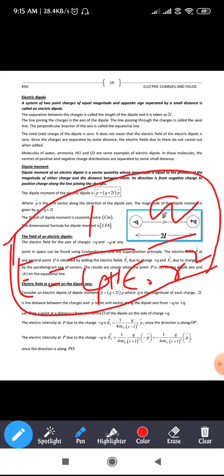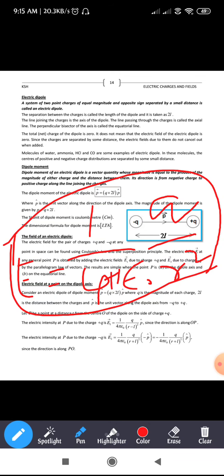I'll come to that. See here, now the electric field at point P due to charge plus q is vector E1 is equal to 1 by 4 pi epsilon naught into q divided by r minus l whole square p cap, since the direction is along OP.